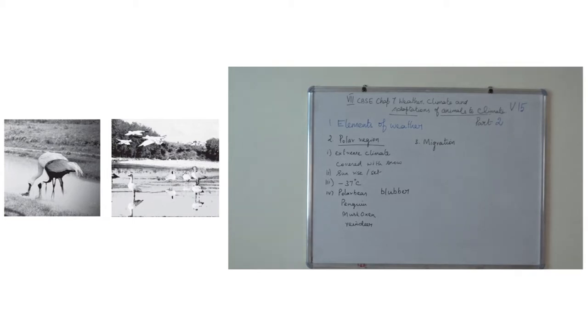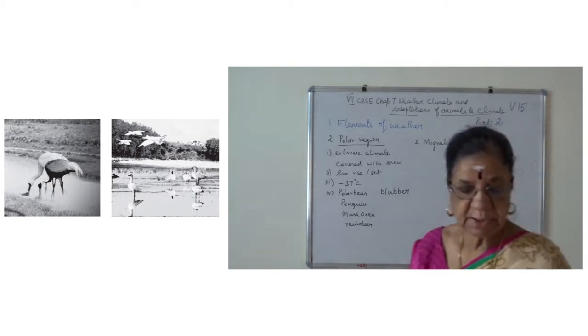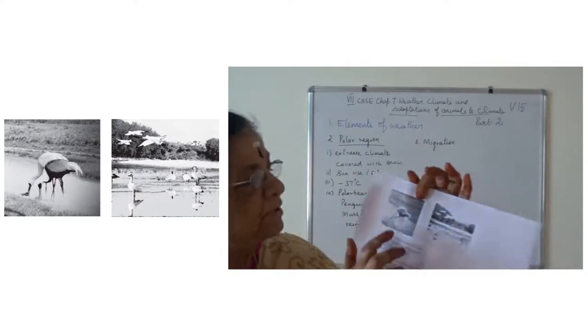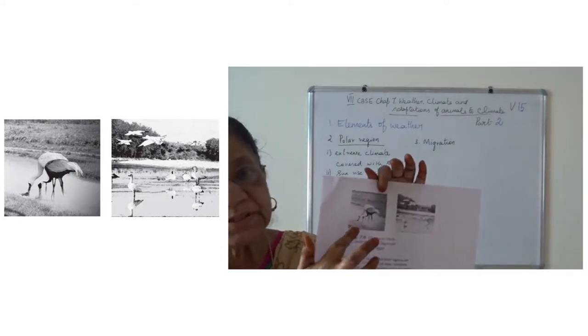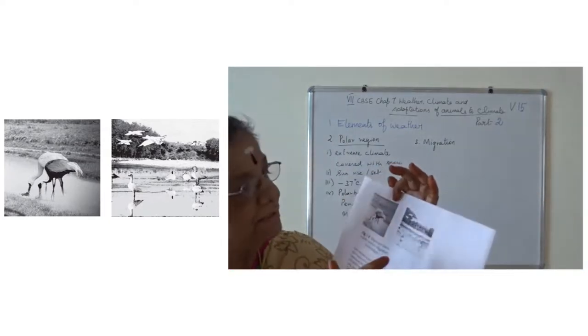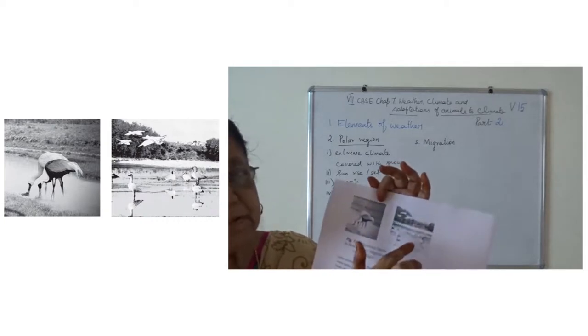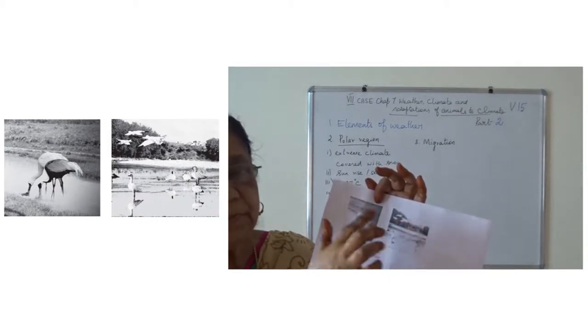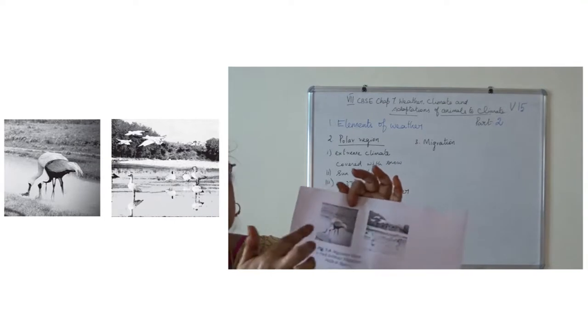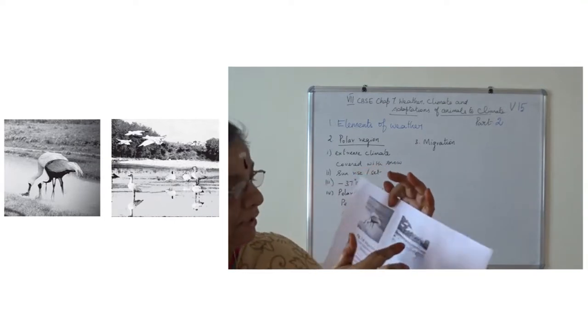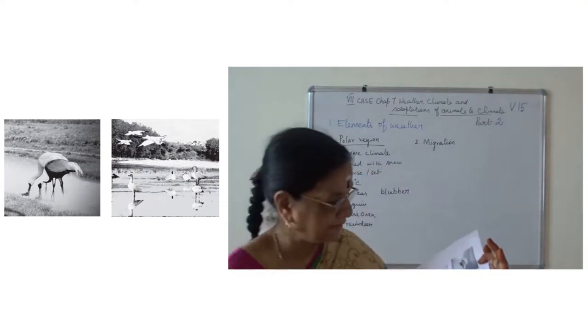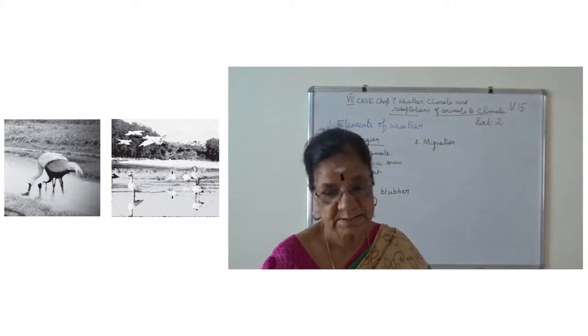Yes sir. So the migratory birds in the picture are in their habitat, and some are flying. So migratory birds are first in their habitat, then they fly. I hope you understand this.